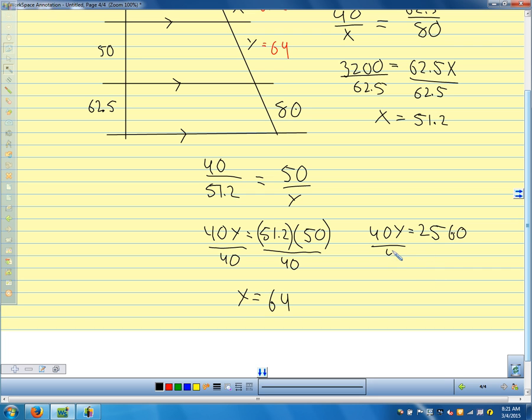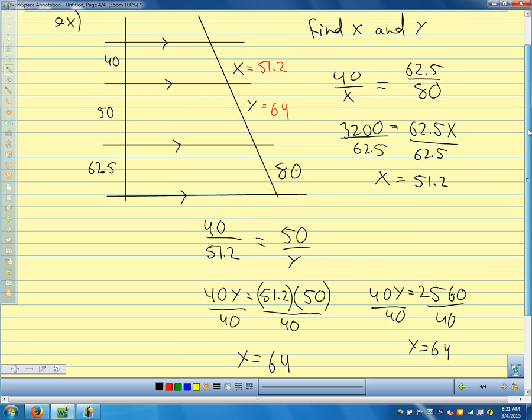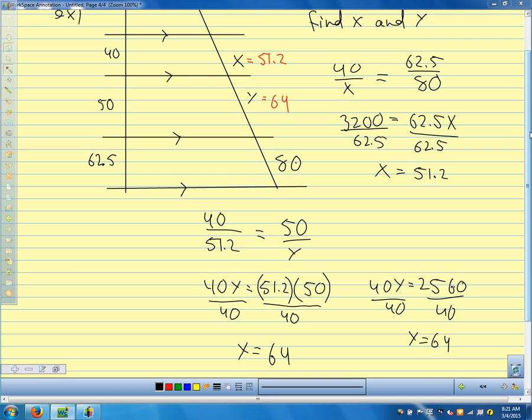So we divide that by 40, and that equals 64. Really the same problems as we did before. Set up a proportion, match up the corresponding sides, and you're set. All right, questions on that example?